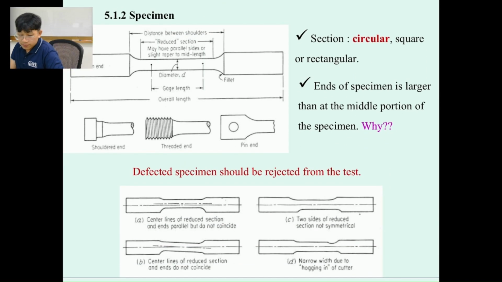And then next one is going to be the specimen. For the specimen in our lab, I think we have two of these. One is shouldered and one is threaded end.